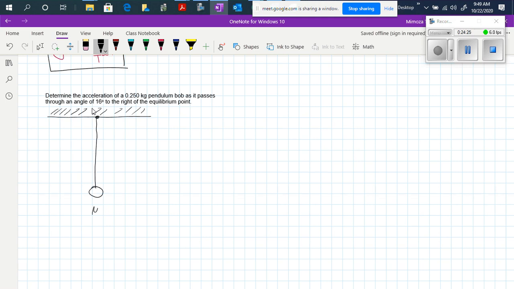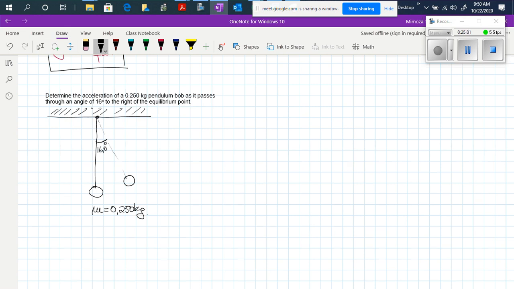The mass of the object is 0.250 kilograms. And we are giving some gravitational potential energy, and then we are looking for the acceleration when the pendulum is 16 degrees from the equilibrium position, so to the right of it. So 16 degrees is here.